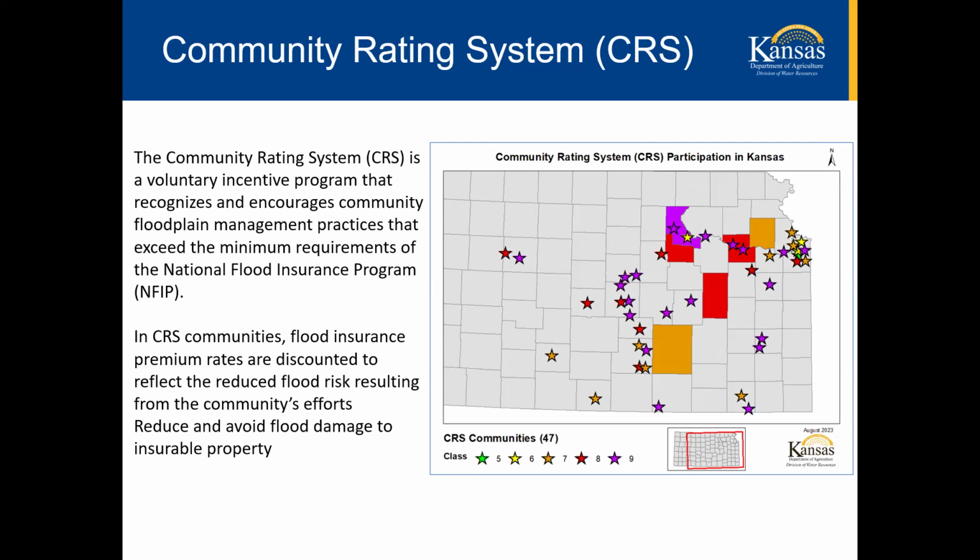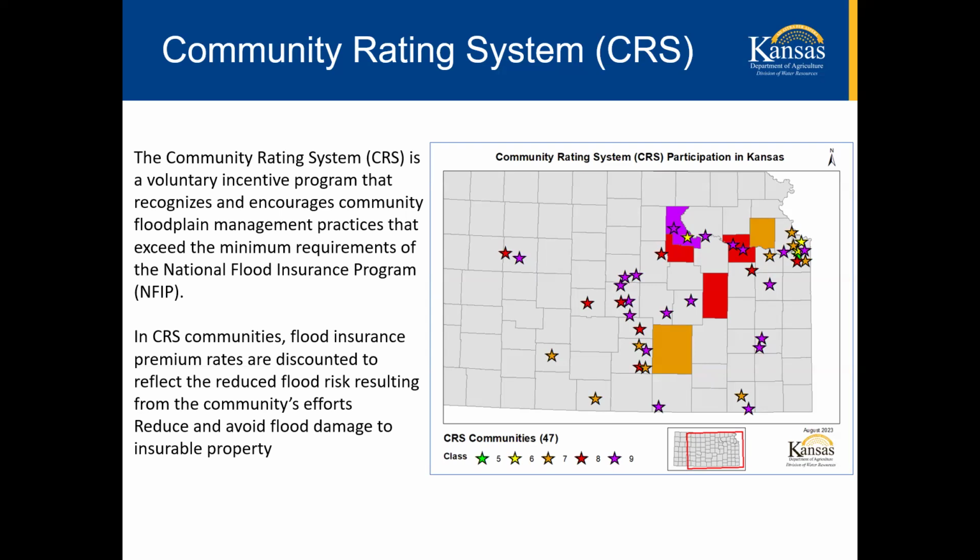Once you do that, you put together a program and you earn points. Depending on how many points you're able to put together in your program will determine what class level you're in. We usually recommend communities get in at a class 9 and then fill out the program. If you like it, you can stay and improve.